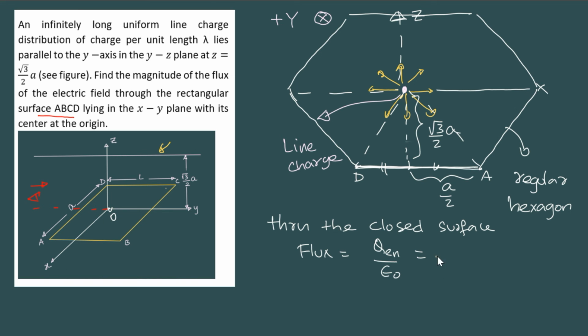So the flux is lambda L by epsilon naught. But all these 6 rectangles that we have used to form this closed surface are identical, so through any of the rectangles the flux should be the same. So the flux through rectangle ABCD must be 1/6 of this. The answer should be lambda L by 6 epsilon naught.